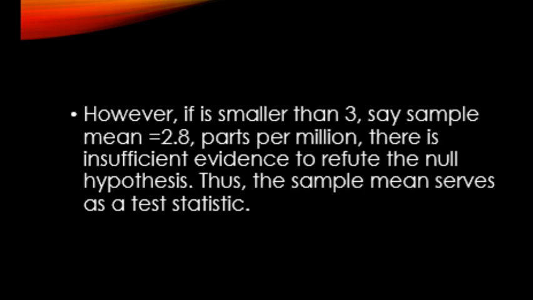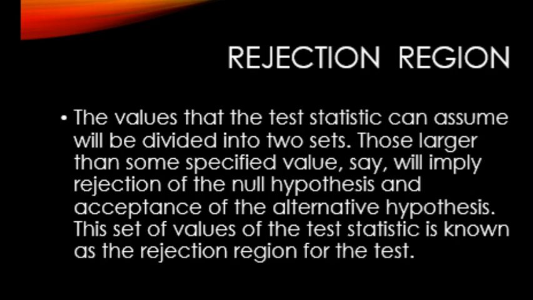So here is how we can decide what value is large enough. We have 3 in the center, but we want to figure out how large is large. Is 5 large? Is 6 large? Is 6.5 large? So for doing that, we use the distribution of our sample statistics.